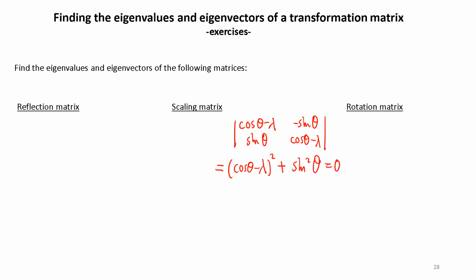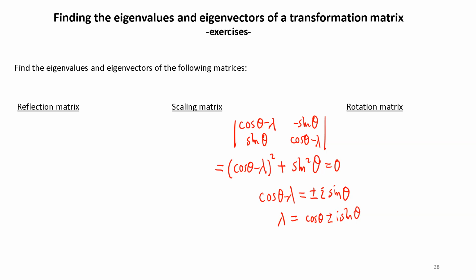And that means cosine theta minus lambda is equal to plus or minus i times sine theta. So I just put the sine squared theta on the right-hand side and then take the square root of both sides. So then lambda is equal to cosine theta plus or minus i sine theta. It's a complex number.